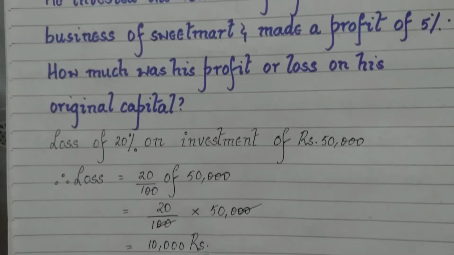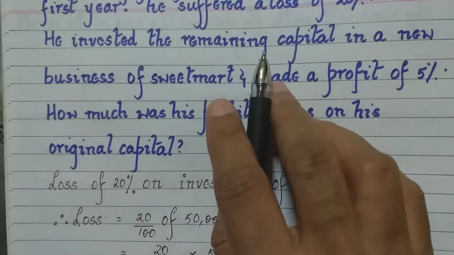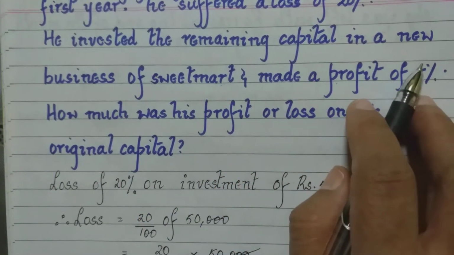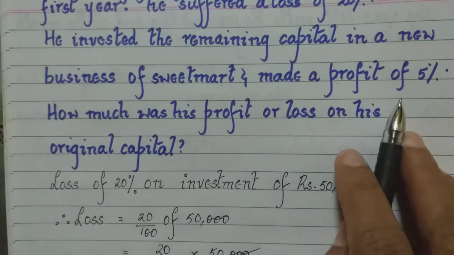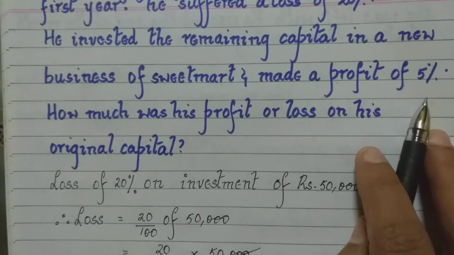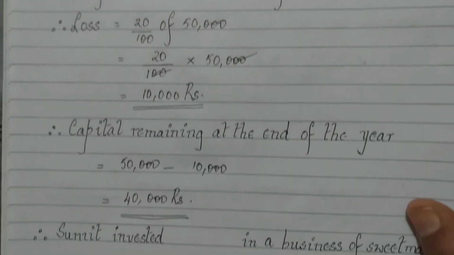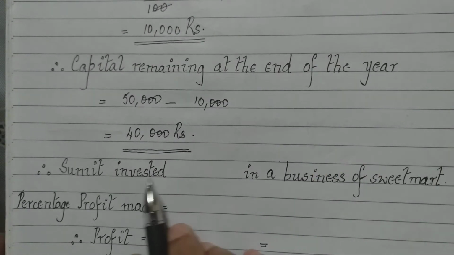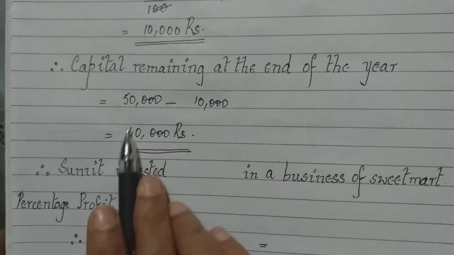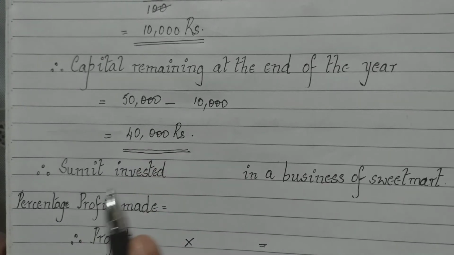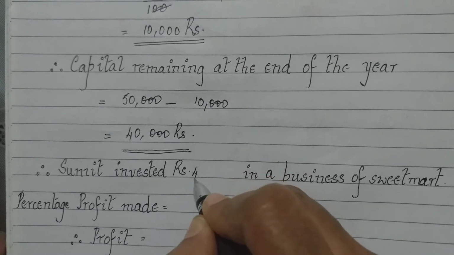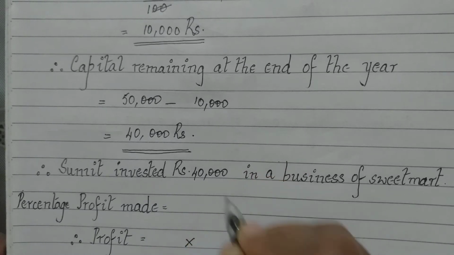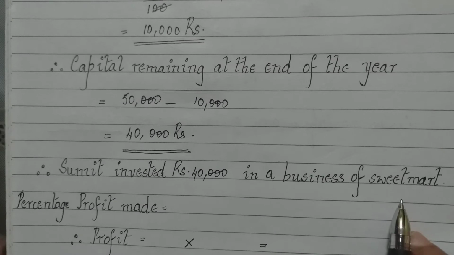Okay, so this is what is left. Now further what they said is he invested the remaining capital in a new business of Sweet Mart and made a profit of 5%. The remaining capital means this amount that is left. So Sumit invested rupees 40,000 in a business of Sweet Mart.